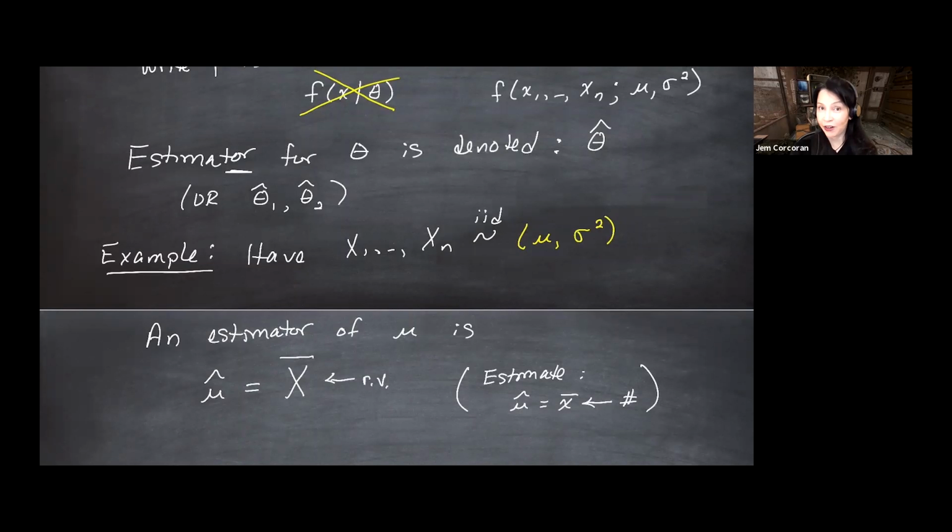So what we care about is the random stuff, because we're trying to give prescriptions for other people to do statistics with. So we're trying to say, you should use this statistic as your estimator because I worked out the probability that it is this close to the thing you want. And once you have numbers, there's no more probability. Your sample mean in the numerical case is either equal to the true mean of the distribution or it's not.